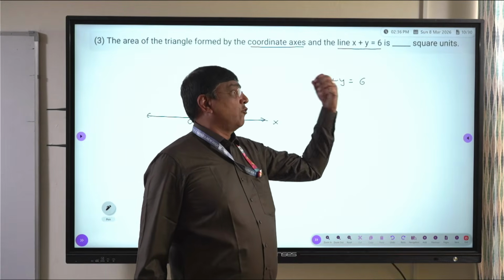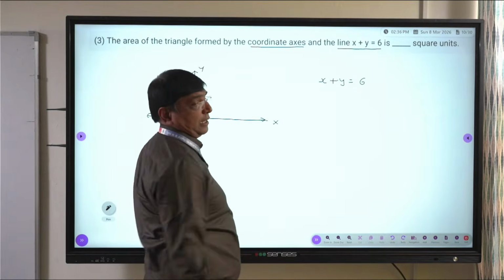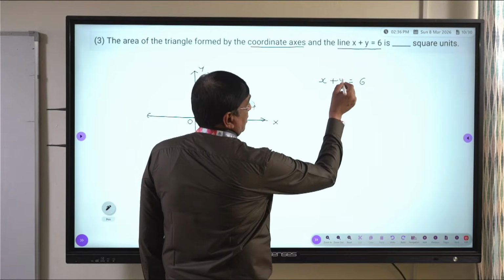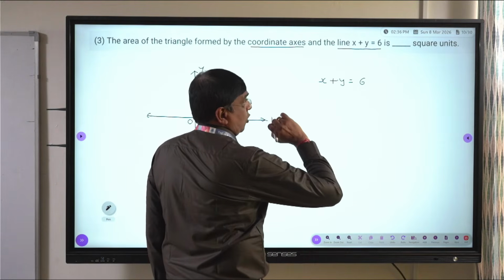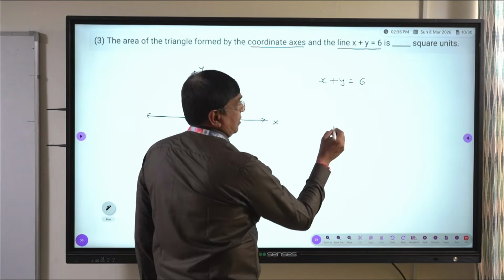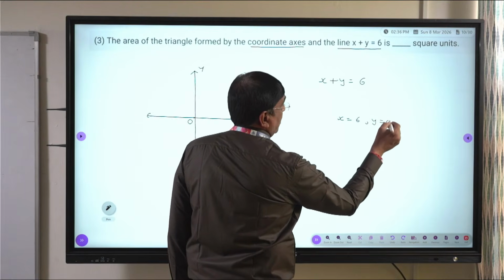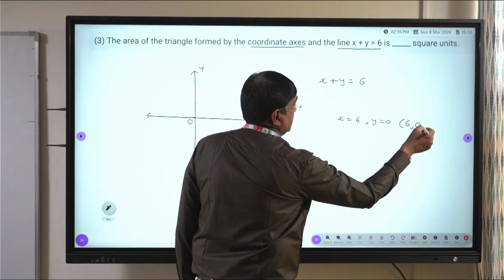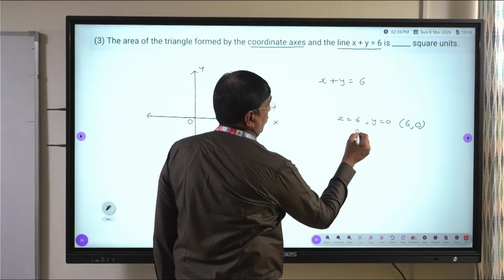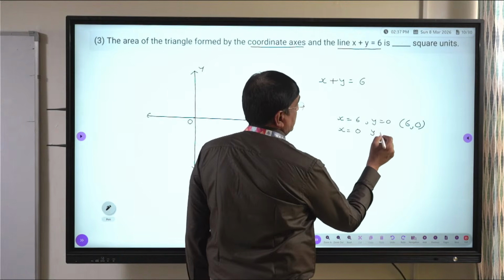तो जिसका ग्राफ ऑलवेज स्ट्रेट लाइन होगा, तो वो लाइन कैसे ड्रॉ करेंगे? सबसे पहले तो शॉर्ट मेथड, y की वैल्यू 0 रखो, तो x क्या मिलेगा? 6. मीनिंग x की वैल्यू हो गई 6 जब हमने y 0 रखा, मीनिंग योर कोऑर्डिनेट इज 6 0. इफ वी सब्स्टिट्यूट x इक्वल 0, तो आपको y मिलेगा, that is y equals 6.